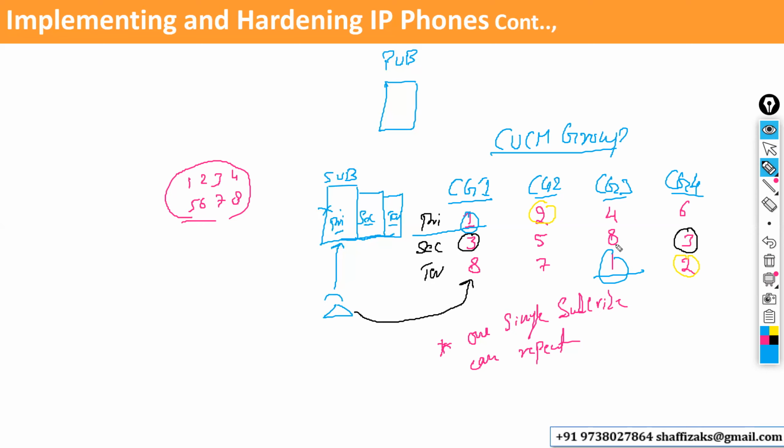Maximum 4 groups. Why do we have to create a maximum of 4 groups? Because how many subscribers do we have in total? 8. Out of 8, how many are the active servers? 4 are active and 4 are the backup, right? Now, on every group, which server is acting as a primary server?